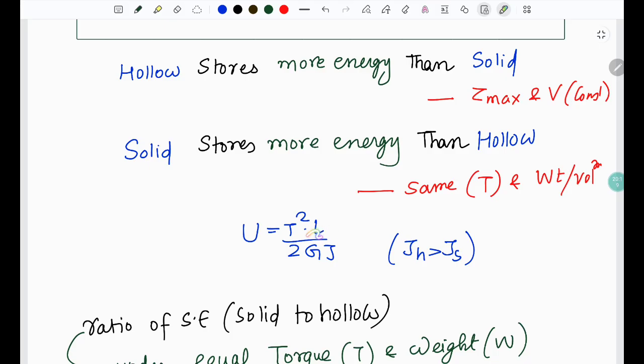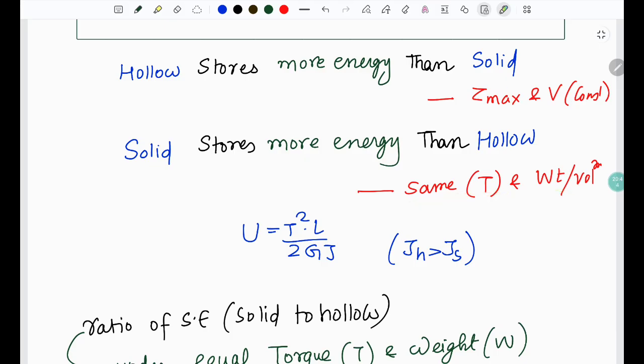You see, U is written as T square L by 2GJ, and since it is inversely proportional to J, whichever has more polar moment of inertia stores less energy, but only when it has the same torque and same weight.